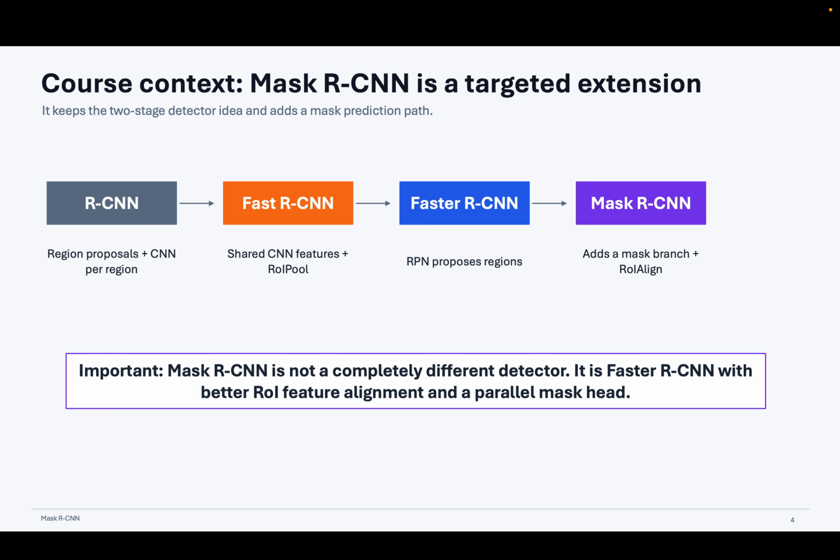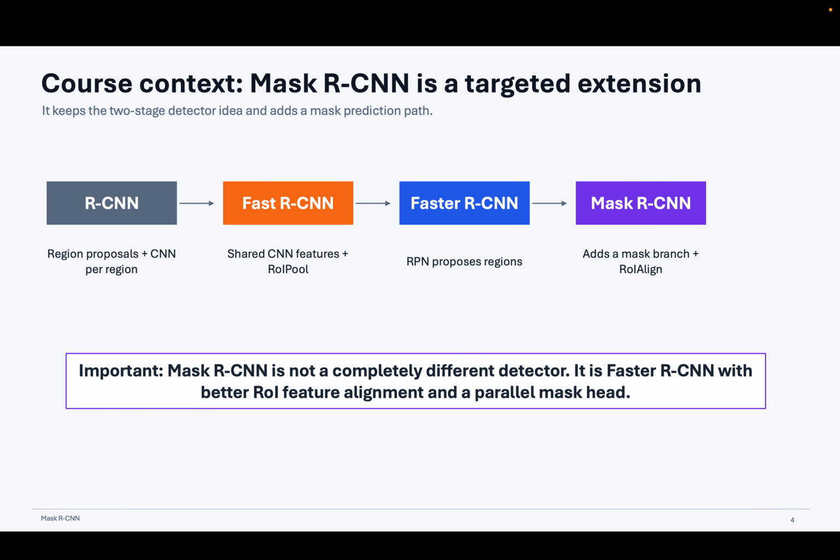Mask R-CNN keeps this two-stage detector structure. The important additions are RoI Align and a mask prediction branch. This is why I will reference Faster R-CNN, but the main focus is the segmentation part rather than the entire detector pipeline.